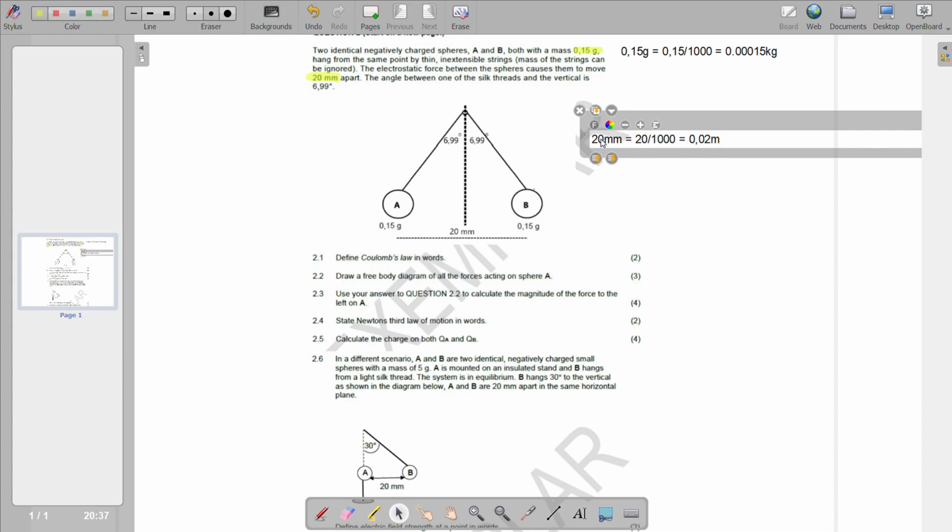So 0,02 meters is the distance between the two spheres or the two charges, charge A and charge B, as it is given.